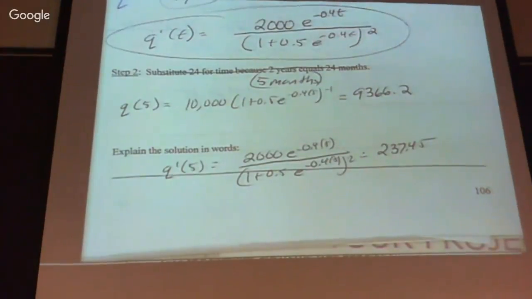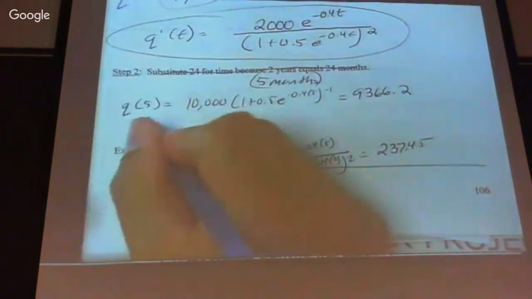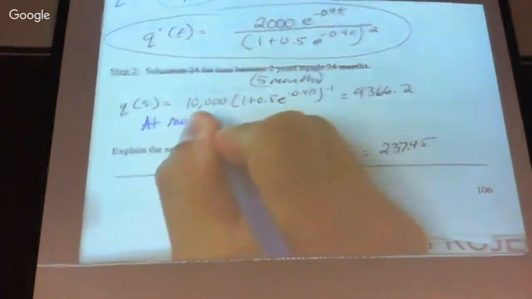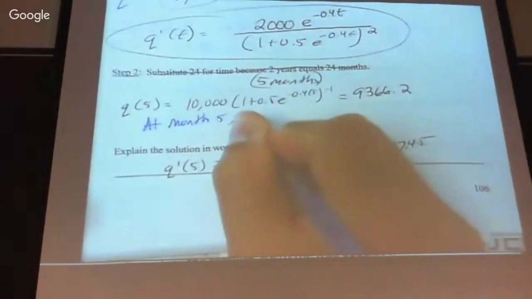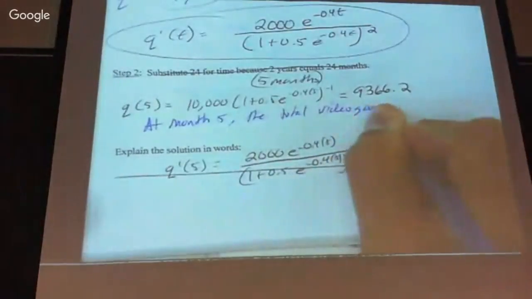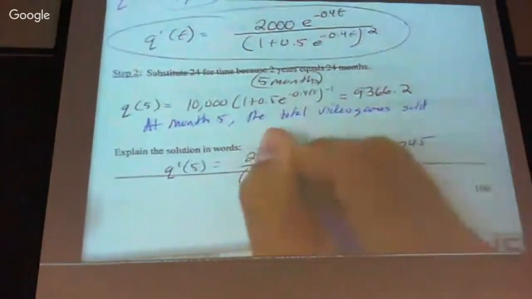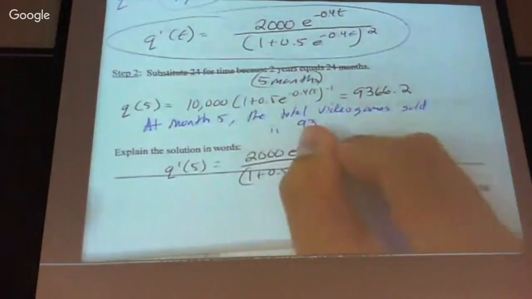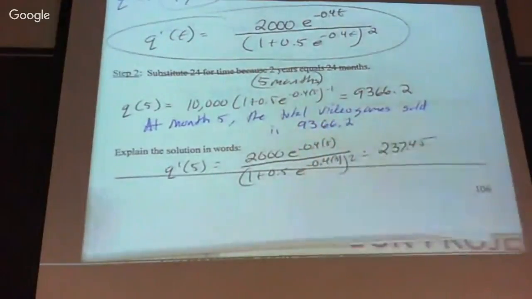All right, so not only do we have to take the derivative and plug it in, check in the calculator, we also have to know what we're doing. The point of this is to be able to explain. The first one would say, at month 5, the total video games sold is 9,366.2 what?